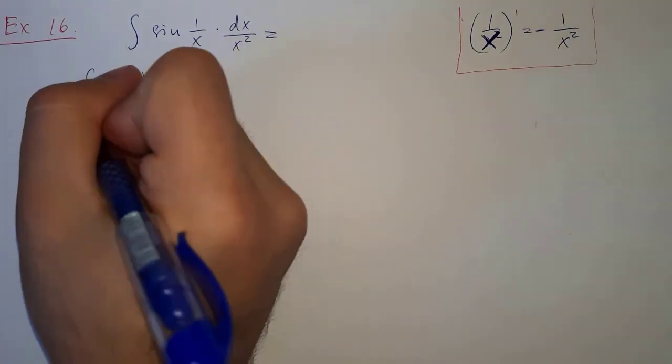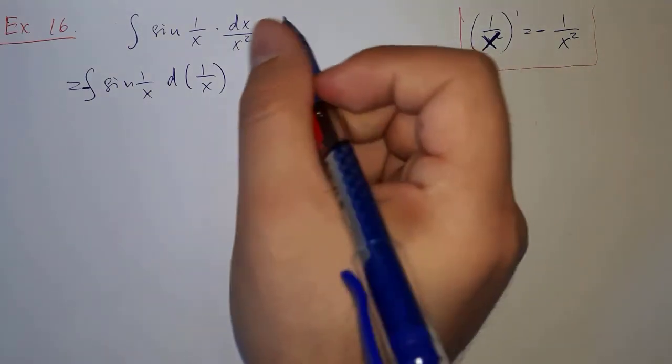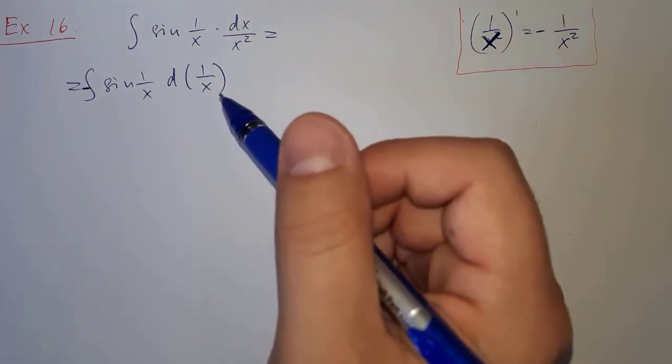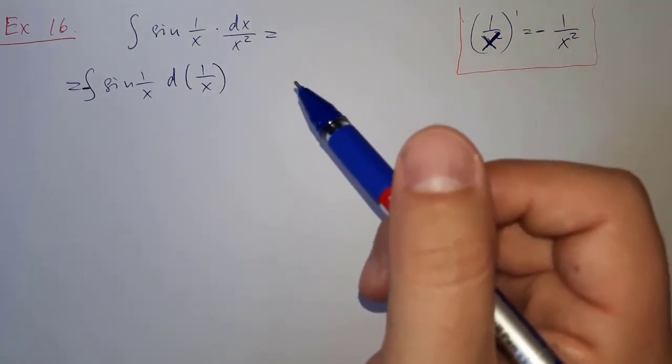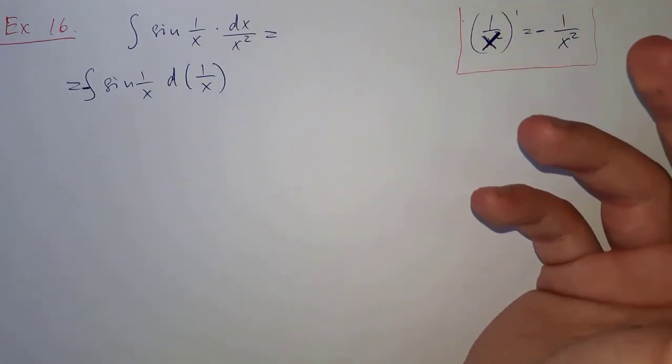That's why we will add here minus. Multiply by minus here. So now our variable is 1 over x. So sine 1 over x is as sine x, sine x dx. Like this we have.